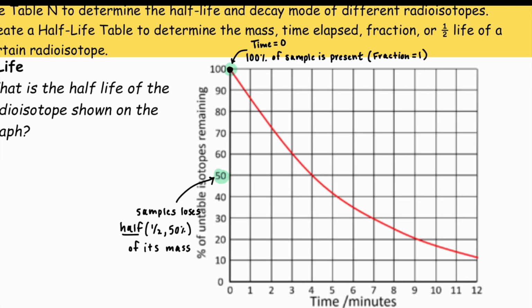We can use this graph to determine the half-life, because when we go from 100% to 50%, the sample is losing half of its mass. The amount of time it takes to reduce half its mass is the half-life. We can look over until we hit our curve and then look down to find how much time that was. So the half-life for this sample is 4 minutes.